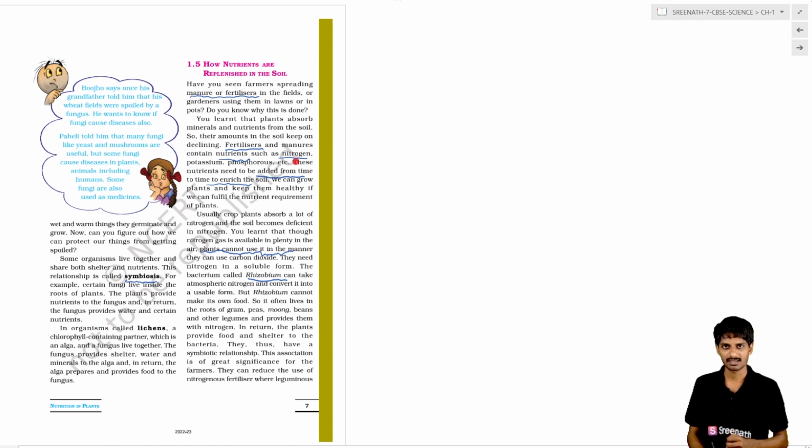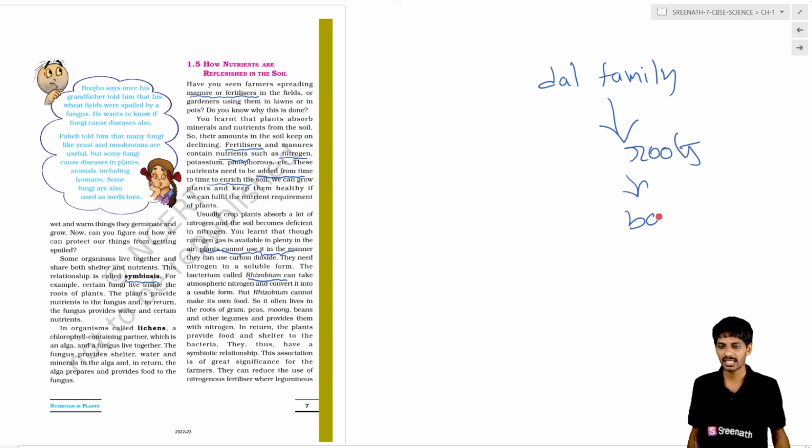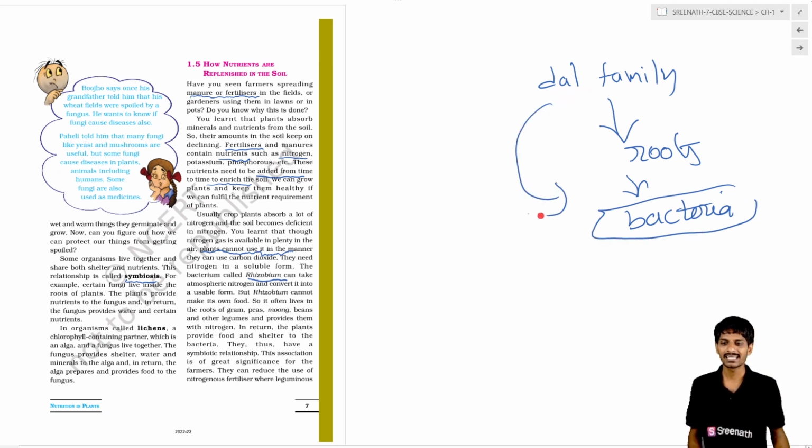Okay, now the new term we are going to learn is symbiosis. There are some organisms or bacteria. For example, dal family plants have some bacteria in their roots. Basically, this dal family plant provides shelter to the bacteria.